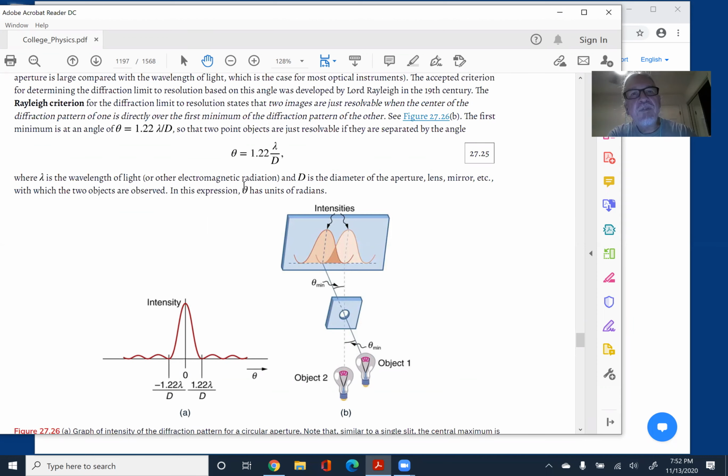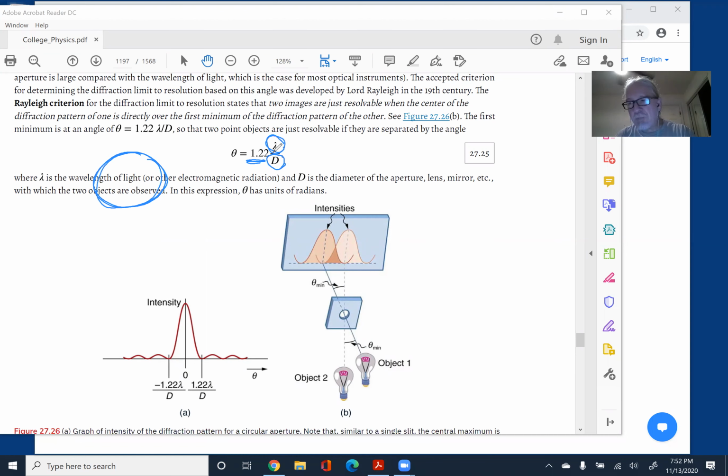And that is a function of both the diameter of your instrument, of your magnifying glass or your eyepiece or whatever it is, the wavelength of light you're looking at, and the mysterious factor of 1.22 that comes after one has done about an hour of fairly advanced calculus.